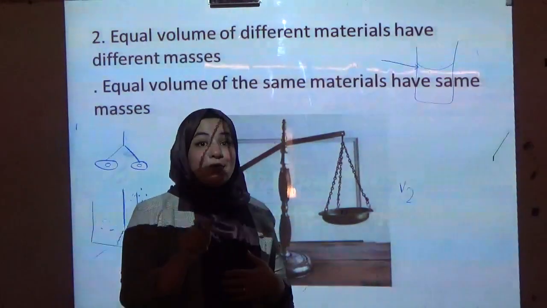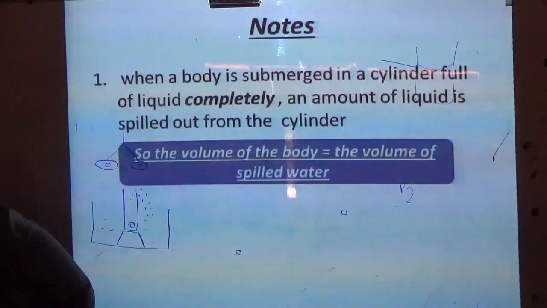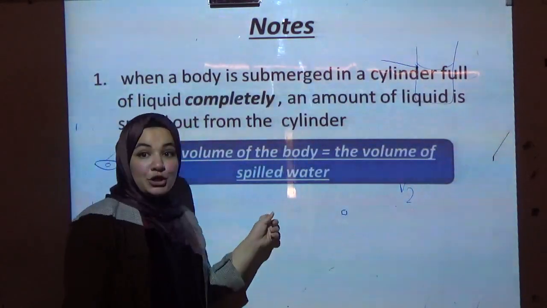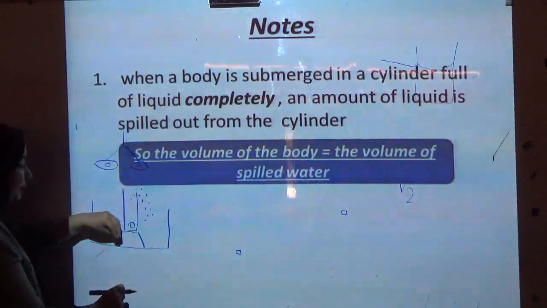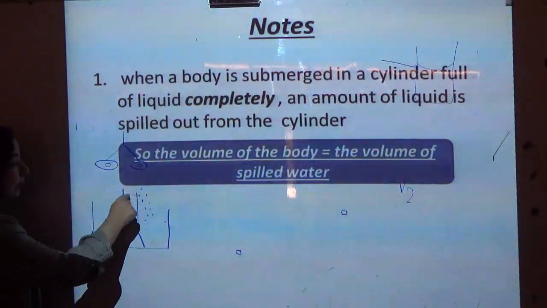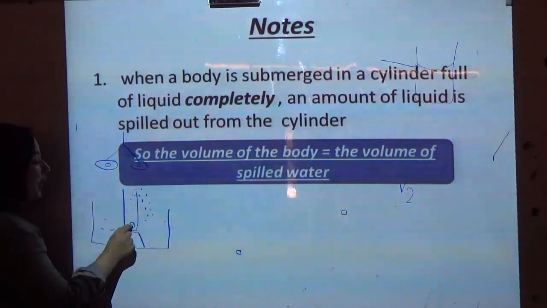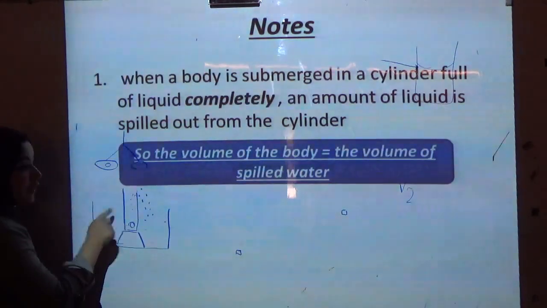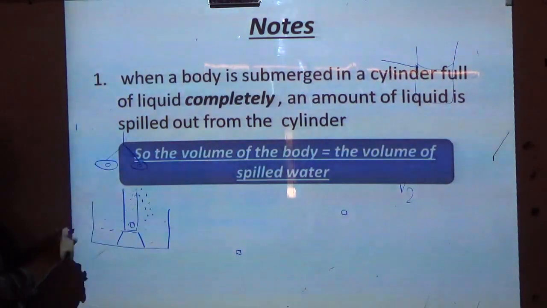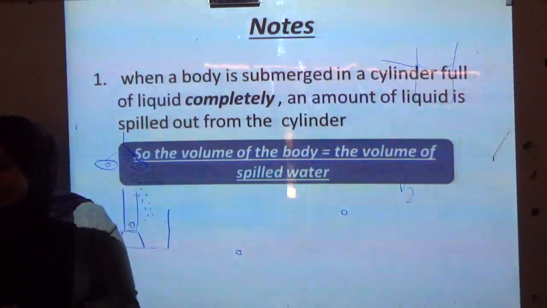So I will repeat the three notes. Number one: when I put any body in a container full of water, some water will come out. This water that comes out equals the volume of this solid object, so the volume of the body equals the volume of the spilled water.